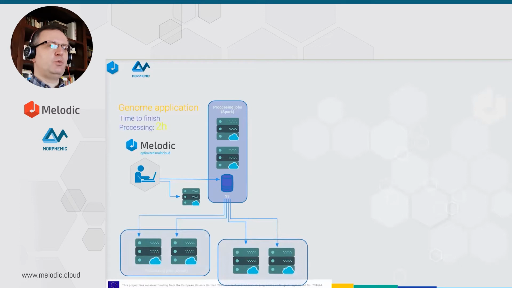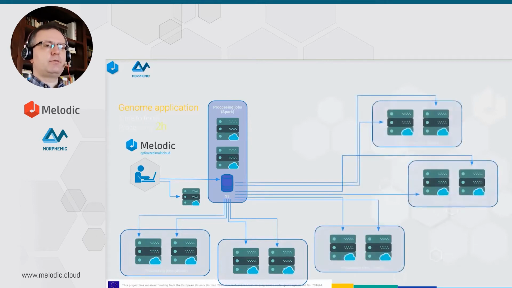If it takes too long, then additional resources are added. And again, the metrics are collected and Melodic determines how long it takes. It's still too long, as the researcher wants to finish this task in 1 hour, but even with the additional resources, it's still too long.